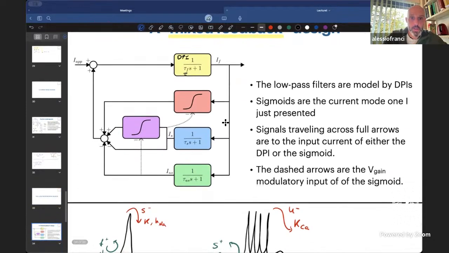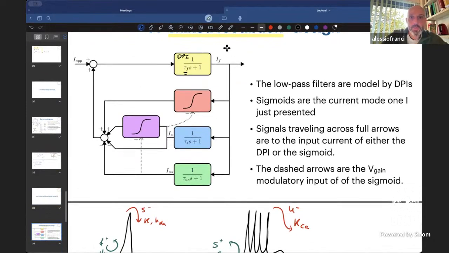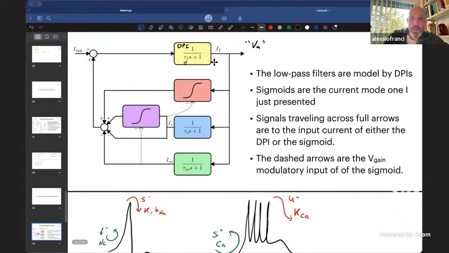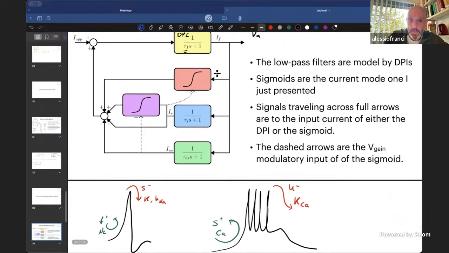The first DPI is the fast DPI. The output here is the equivalent of a neuron membrane potential. This fast current is fed back into these blocks and back into the fast DPI, exactly like it happens in a biological neuron.